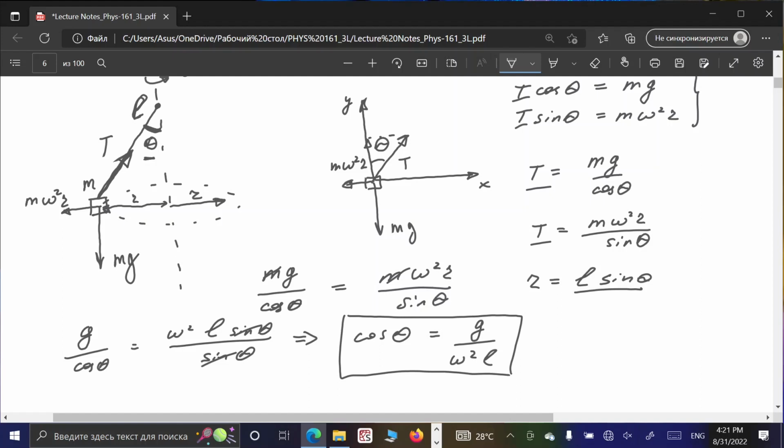Let's say g is a constant parameter, since let's consider that we are on planet Earth and acceleration of free fall is constant.